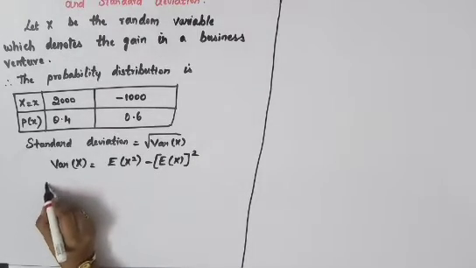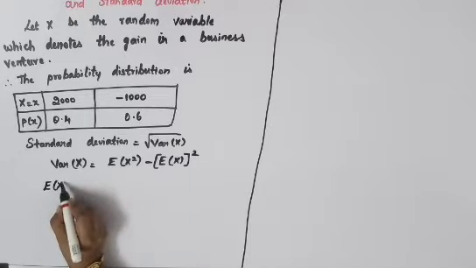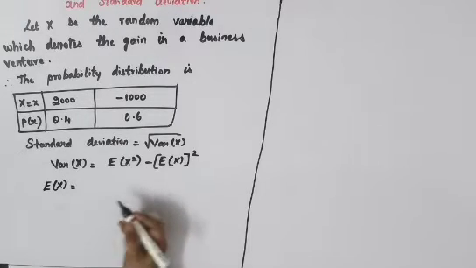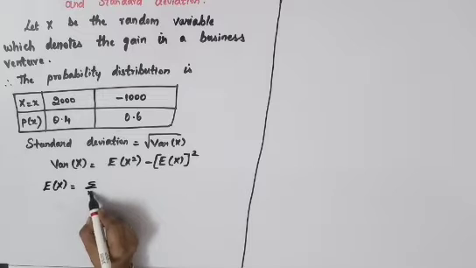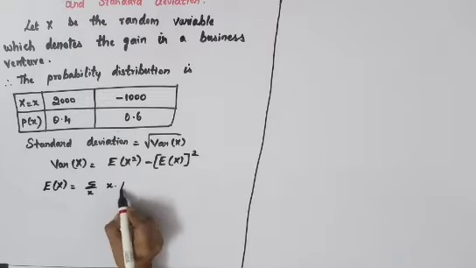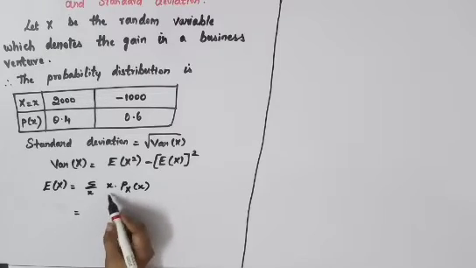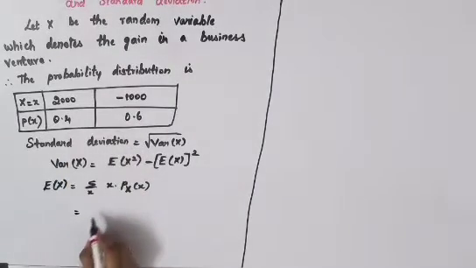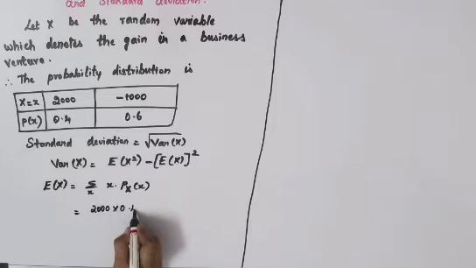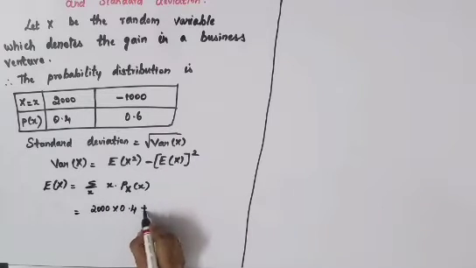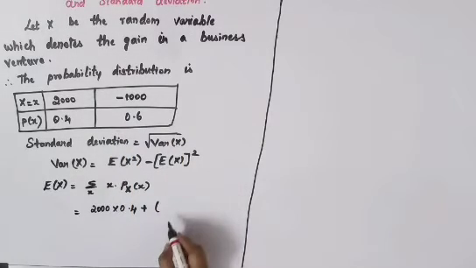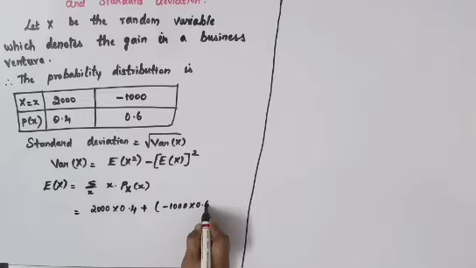First we will go with E of x. The formula is sigma x into p of x. So we get 2000 into 0.4 plus minus 1000 into 0.6.